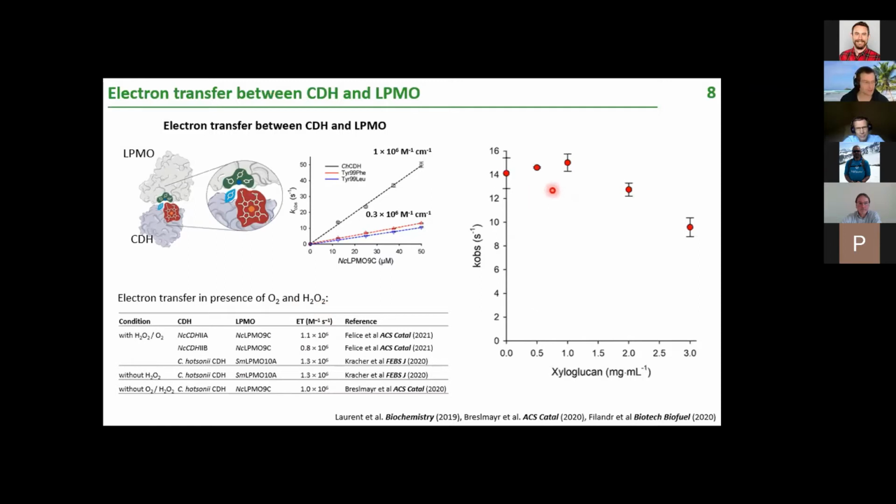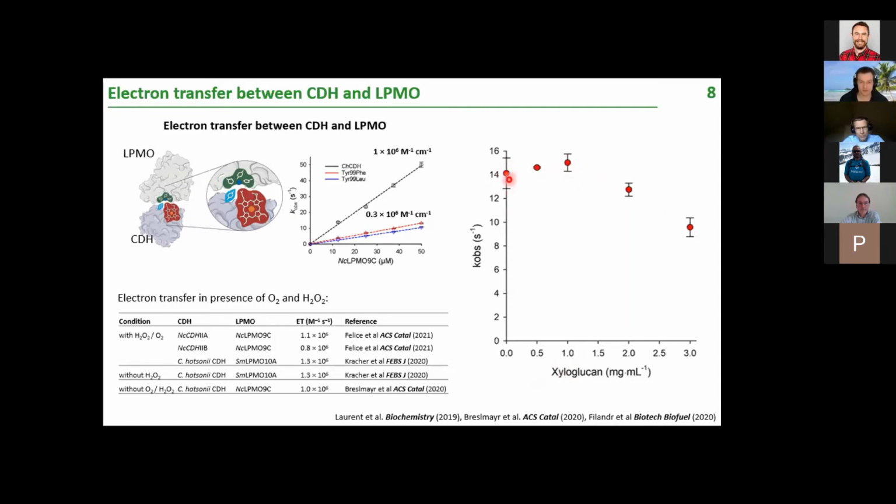Also, what we did here is that we monitored the electron transfer reaction in the presence of a substrate. And here we took advantage of one of our LPMOs that is able to convert a soluble polysaccharide. Xyloglucan is soluble, is transparent, so we can use it with our spectroscopic methods. And that's exactly what we see here.